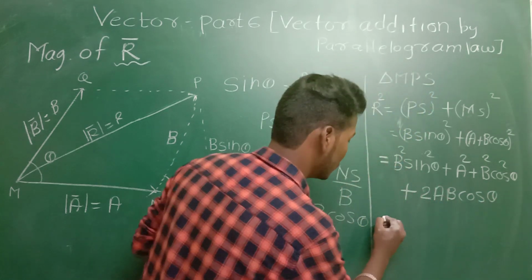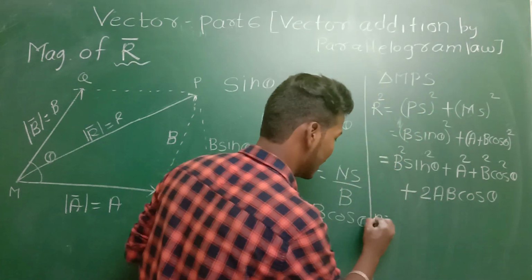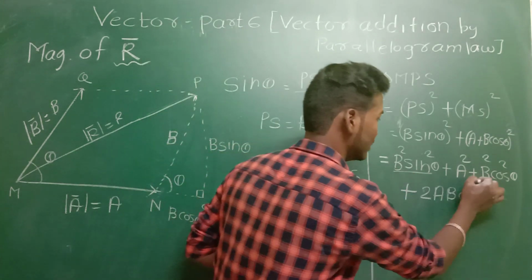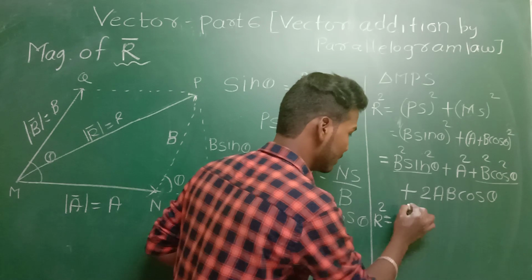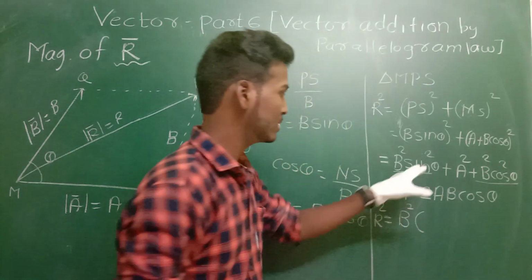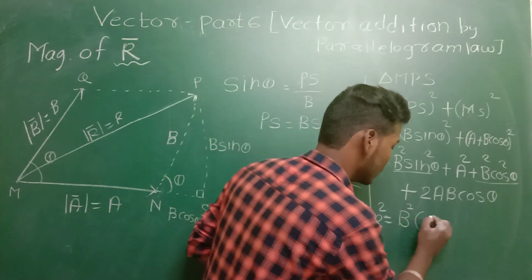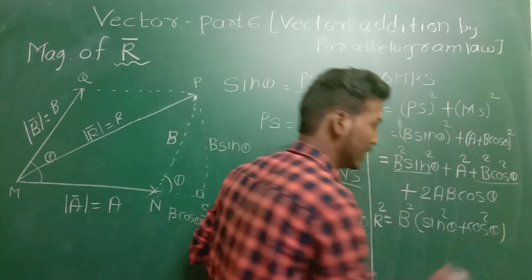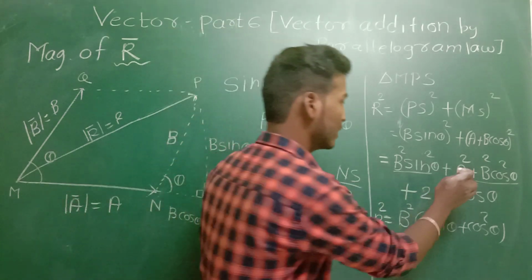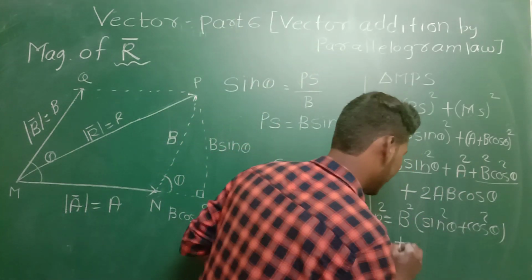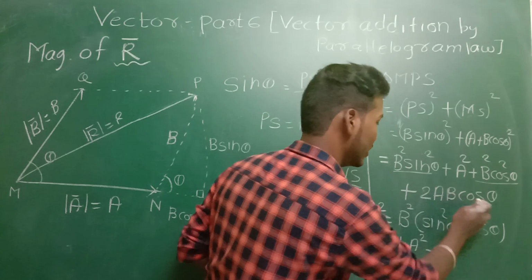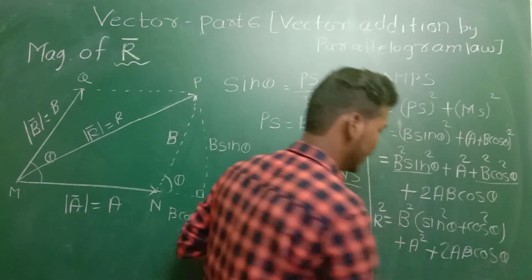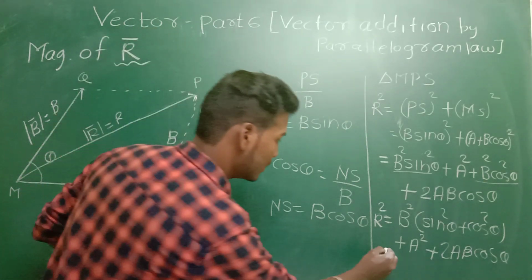So R square will be equal to B square sin square theta plus B square cos square theta. We take B square as common: B square (sin square theta plus cos square theta). After that A square plus 2AB cos theta.